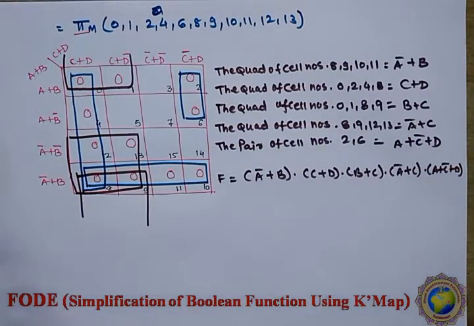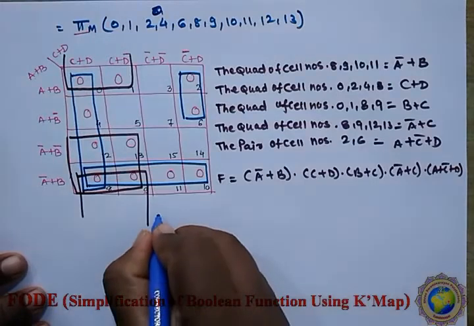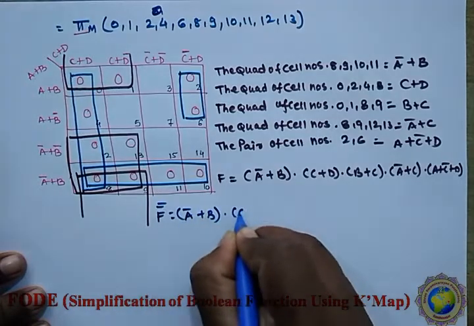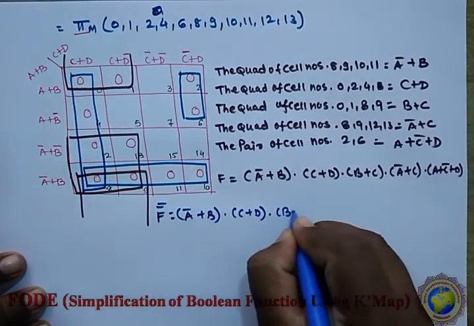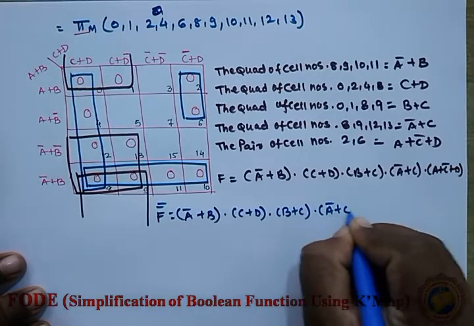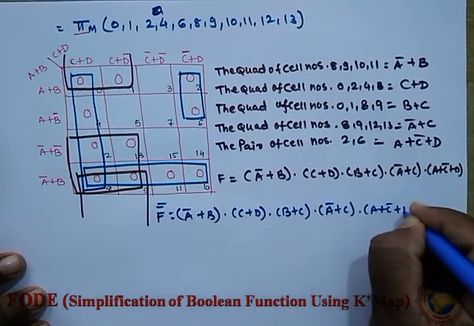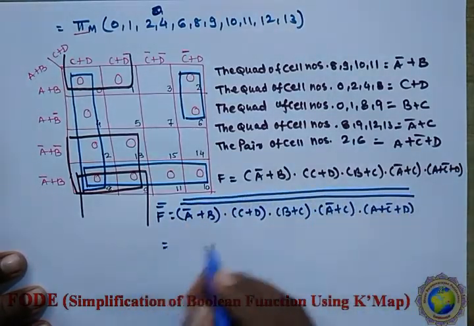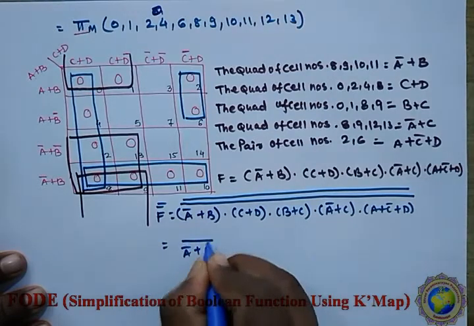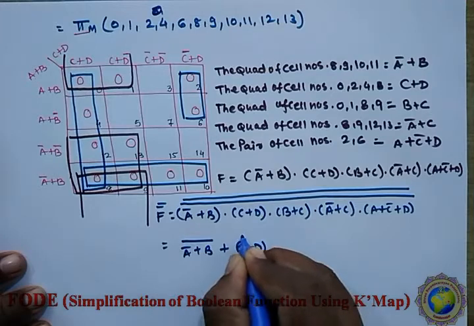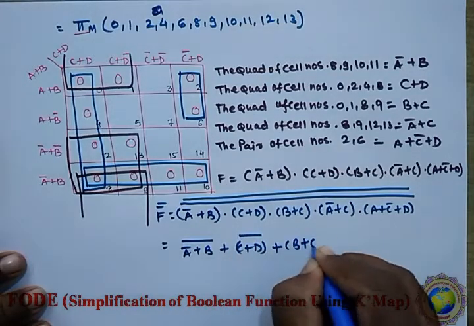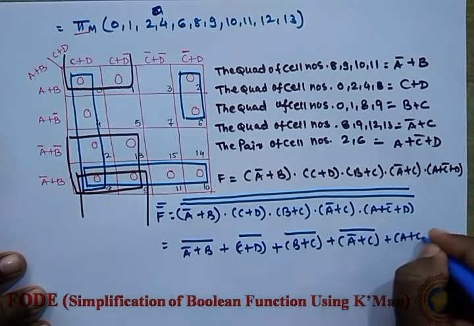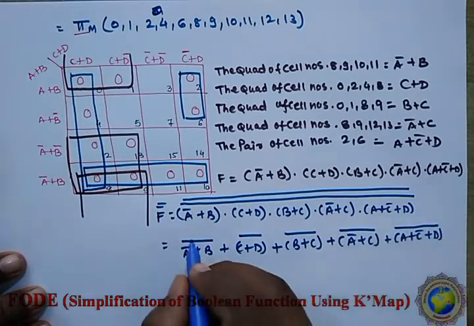Now this will be converted into the F double bar function. So F double bar is equal to (A bar plus B) dot (C plus D) dot (B plus C) dot (A bar plus C) dot (A plus C bar plus D), with a NOR applied to each term and then a final bar.